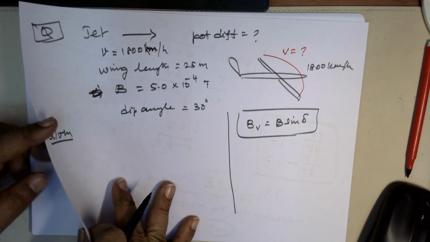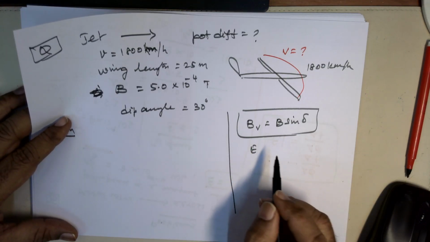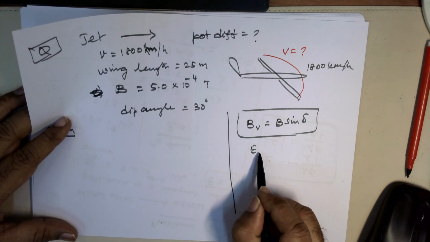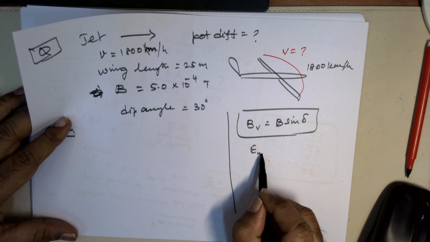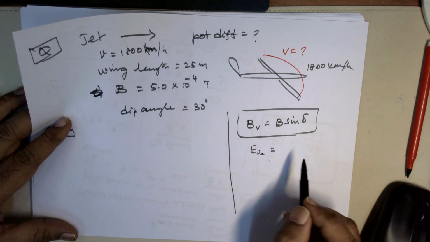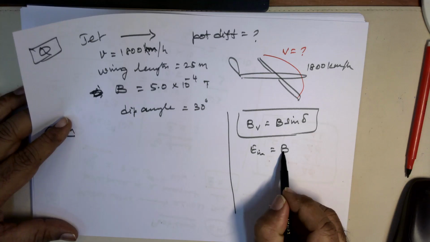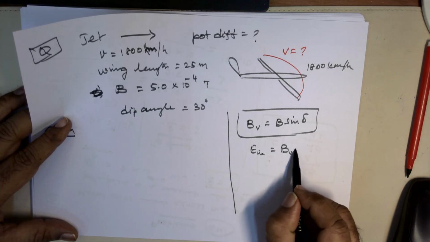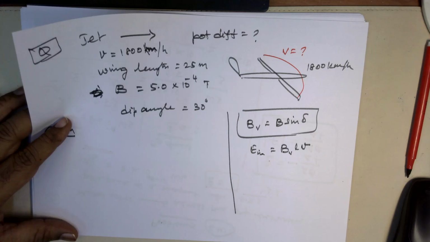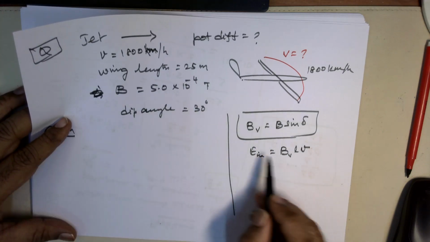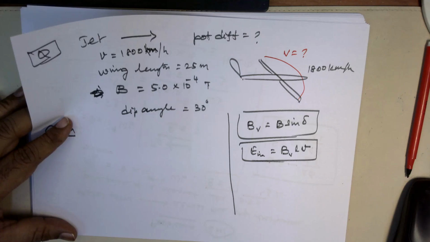And now we are talking about the potential, means E, which is given by B into L into V, that is BV into L into V. So this is another formula.